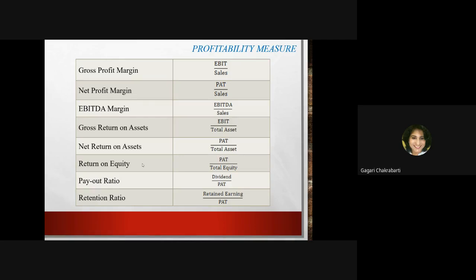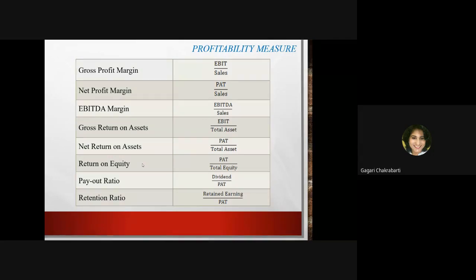Now we shall be considering two other ratios also, the payout ratio and the retention ratio. Now I was talking about the importance of the dividend payout and retention ratios. What are its significances for the investment strategies for the firm, particularly during the periods of credit rationing or the period of crisis?